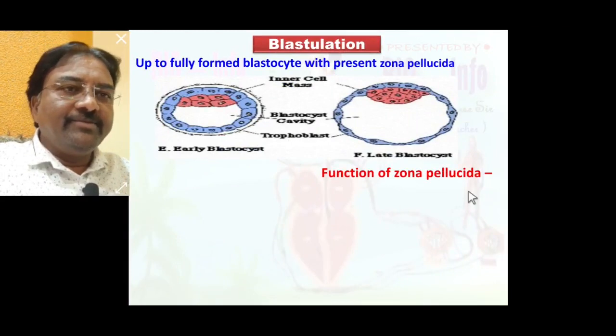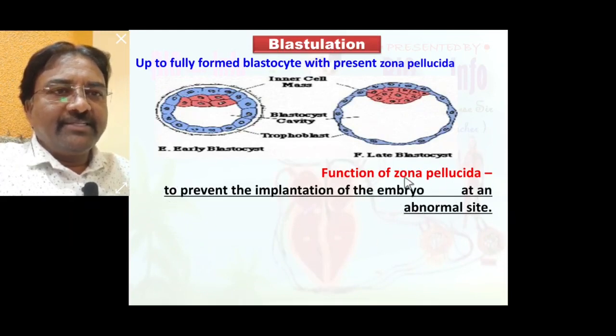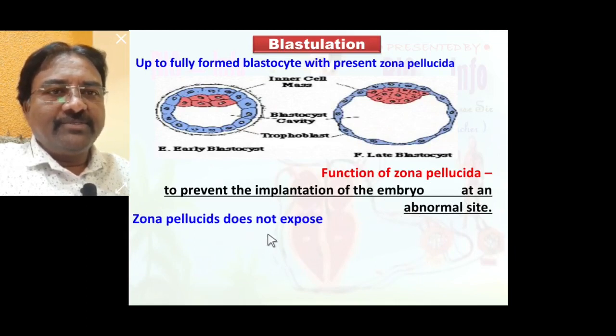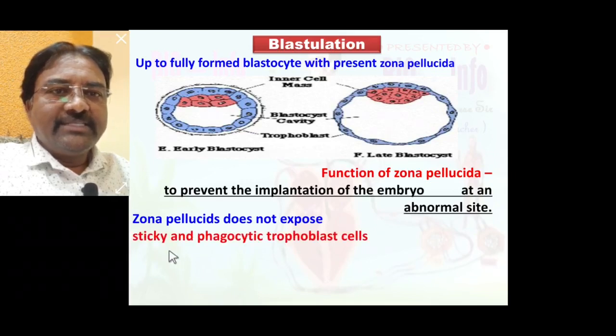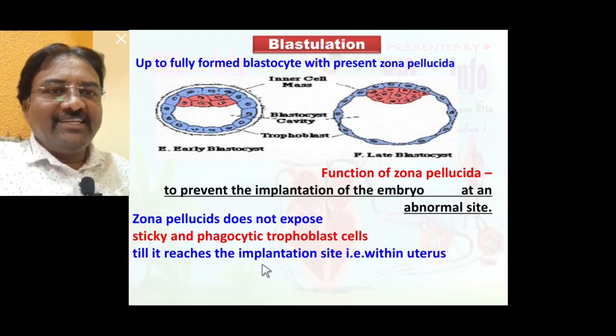The function of the zona pellucida is to prevent implantation of the embryo at an abnormal site. Why does it prevent implantation at an abnormal site? Because the zona pellucida does not expose the sticky and phagocytic trophoblast cells until the blastocyst reaches the implantation site within the uterus.